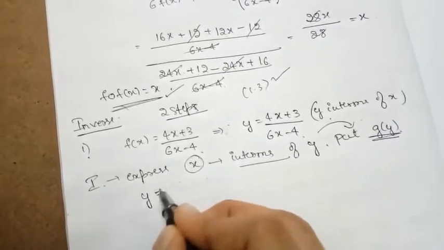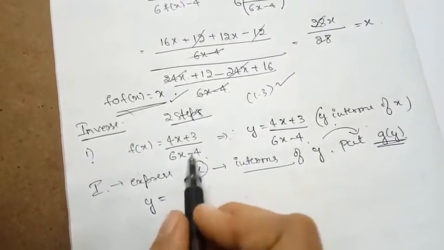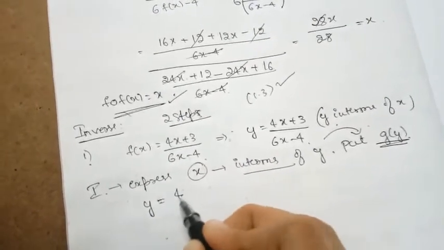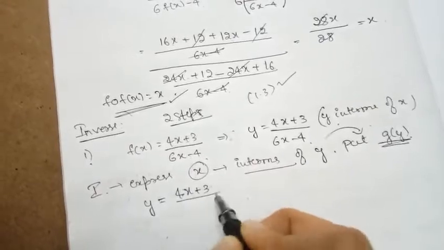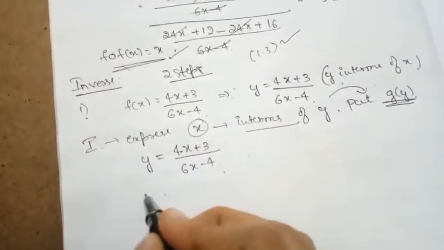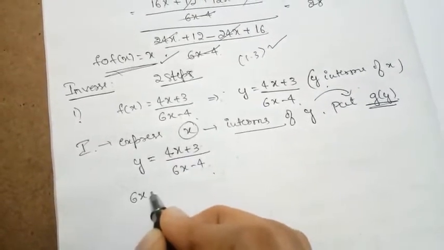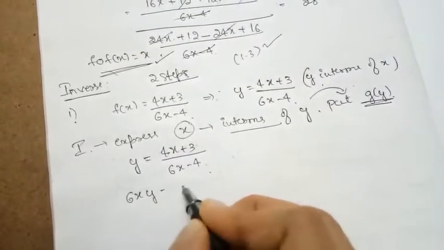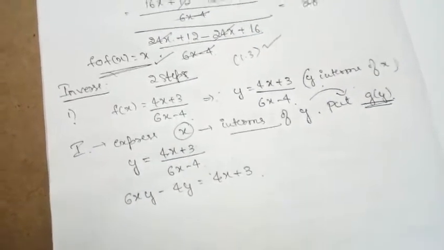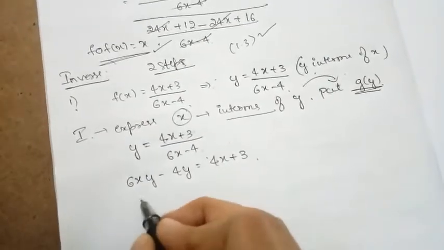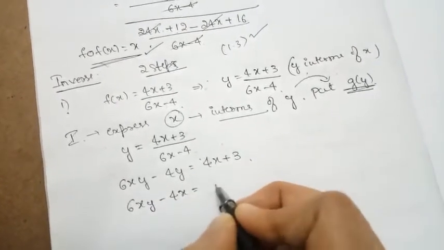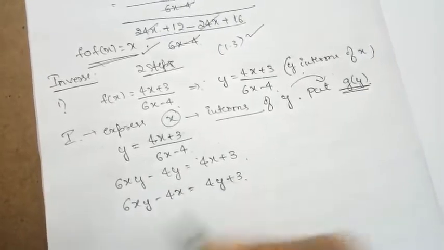So they have given f of x is equal to 4x plus 3 divided by 6x minus 4. That is nothing but y. So y is equal to 4x plus 3 divided by 6x minus 4. So I will do the cross multiplication. 6xy minus 4y is equal to 4x plus 3. So it becomes 6xy minus 4x is equal to 4y plus 3.